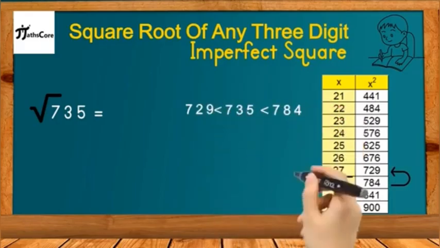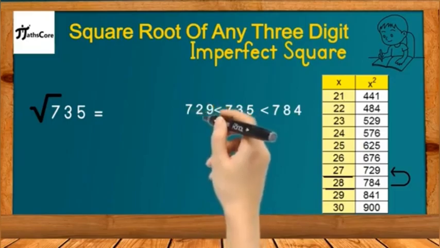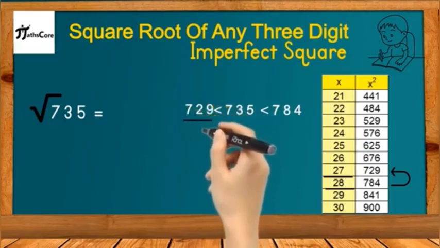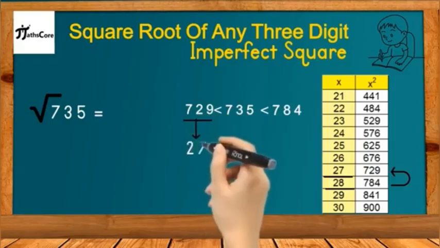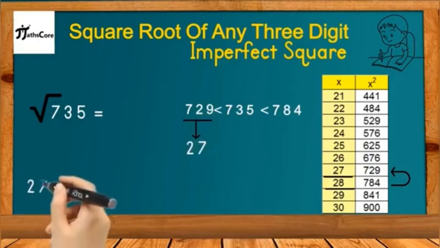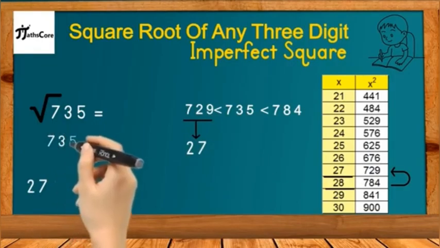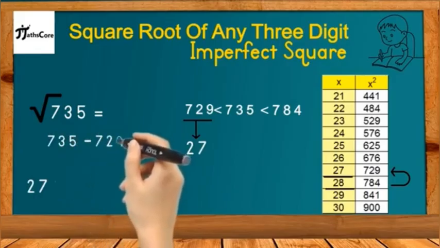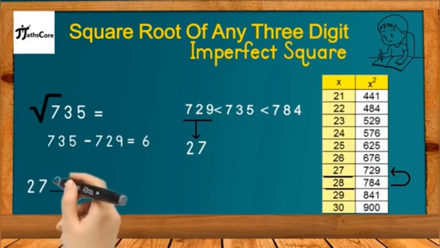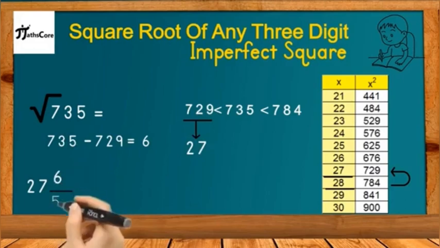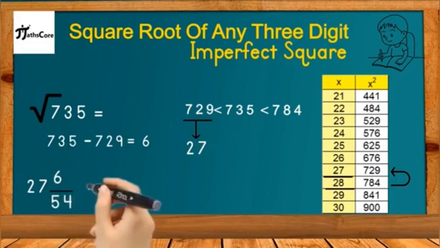Now select the lesser perfect square than 735, which is 729. Now take the square root of 729, which is 27. Write down 27 here, and next we need to subtract 729 from 735. So 735 minus 729 is equal to 6. Now write down 6 here and divide it by double of 27, which is 54.